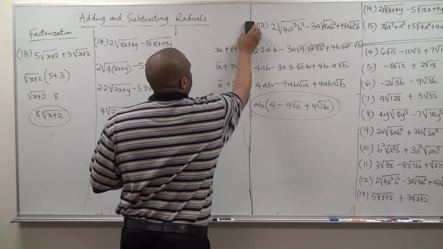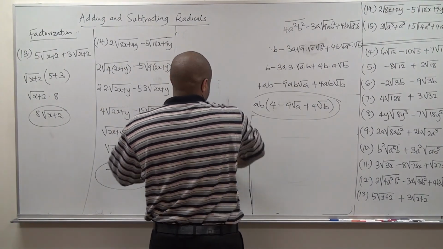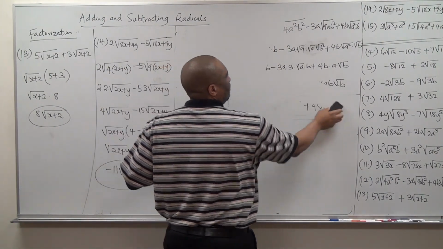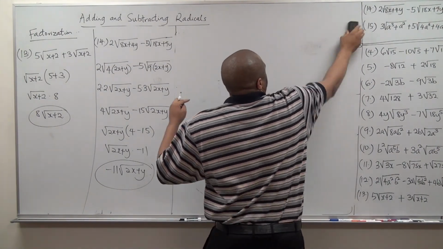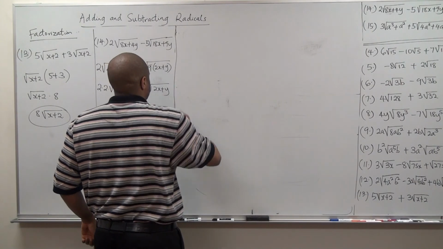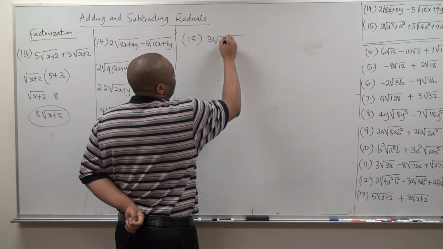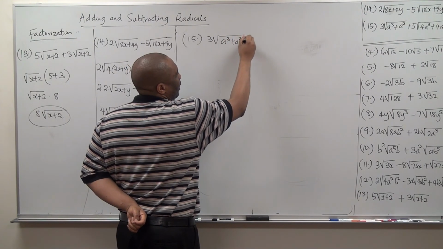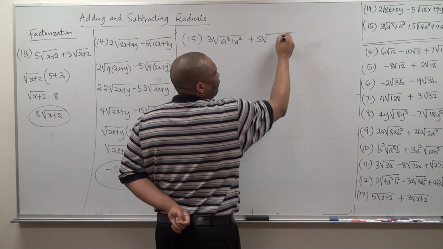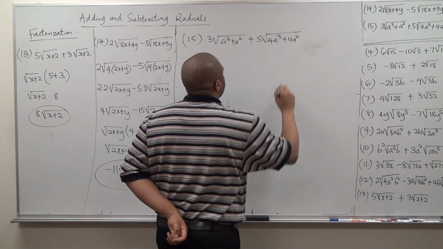Okay, and I think the last one is number 15. Three square root of a cubed plus a squared plus 5 square root of 4a cubed plus 4a squared.